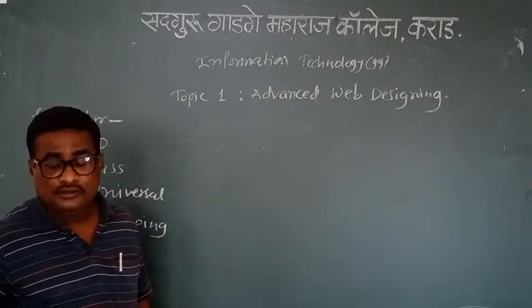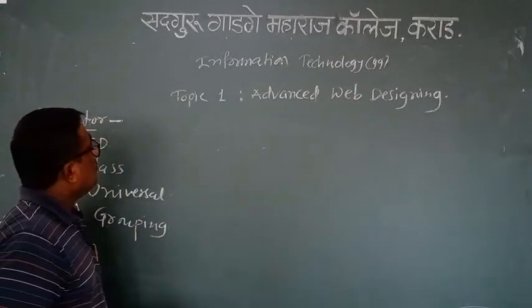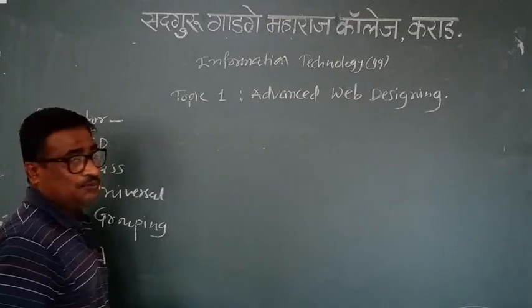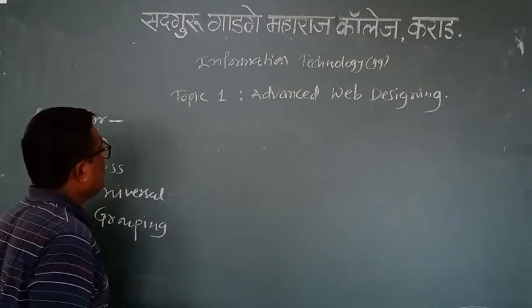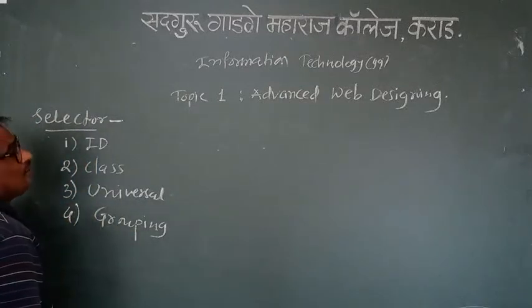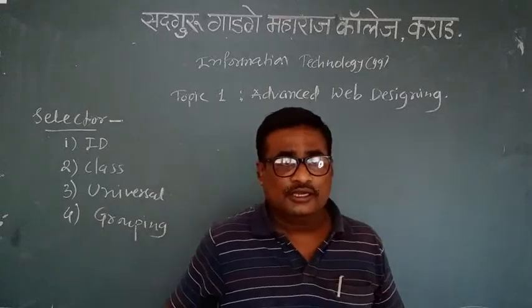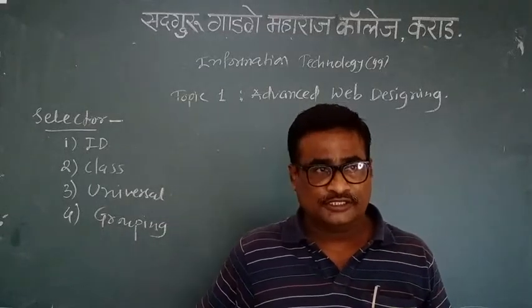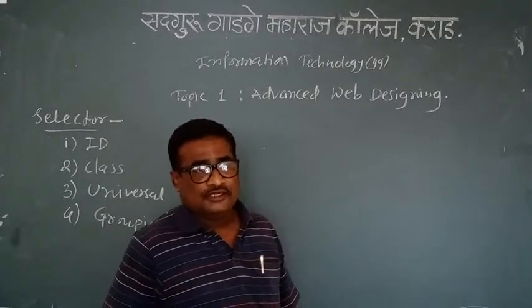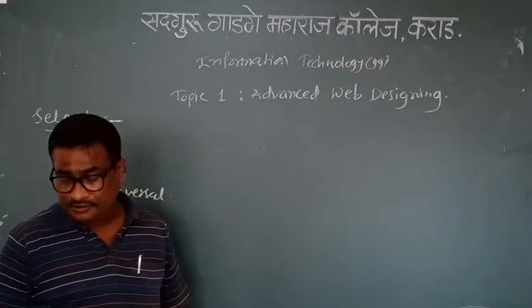Today we are going to see the first topic, advanced web designing, and in this topic we learn the selector. In the last lecture we studied CSS and its types, that is internal, external and inline.